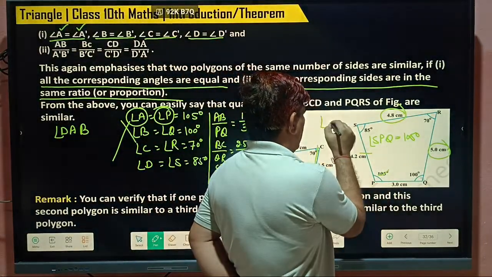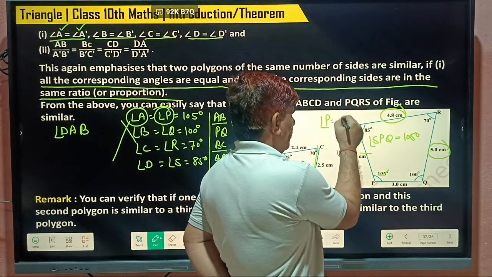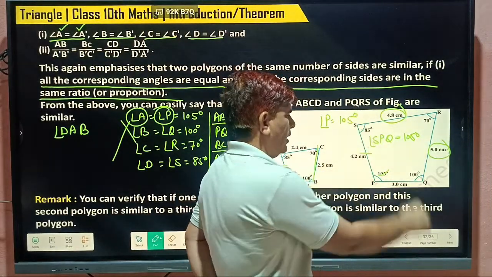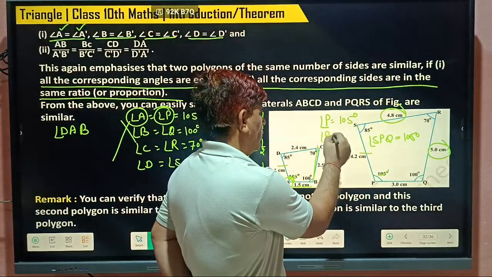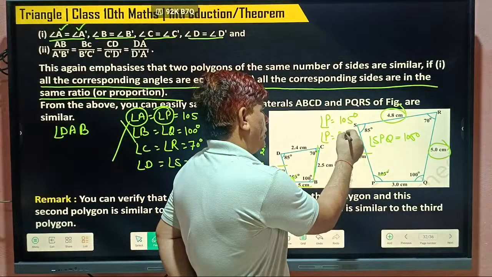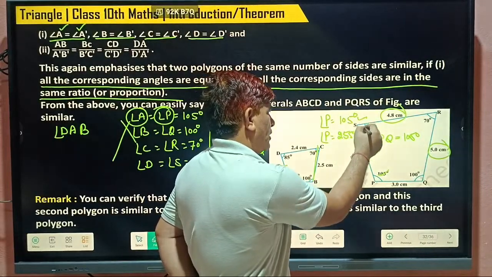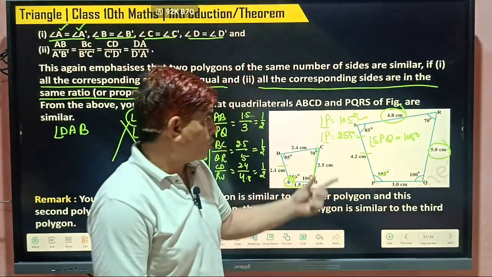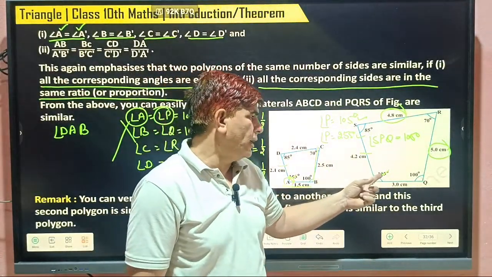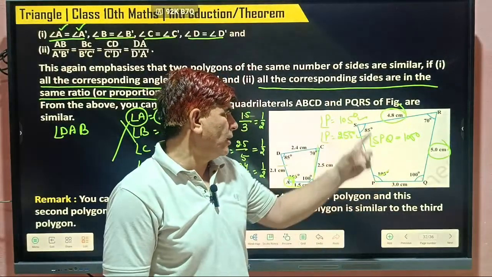If I write angle P, I have written 105 degrees. Another one, angle P equal to 255 degrees, is also right, because the total sum is 360 and it is not told whether we are talking about the interior or exterior angle of this quadrilateral.